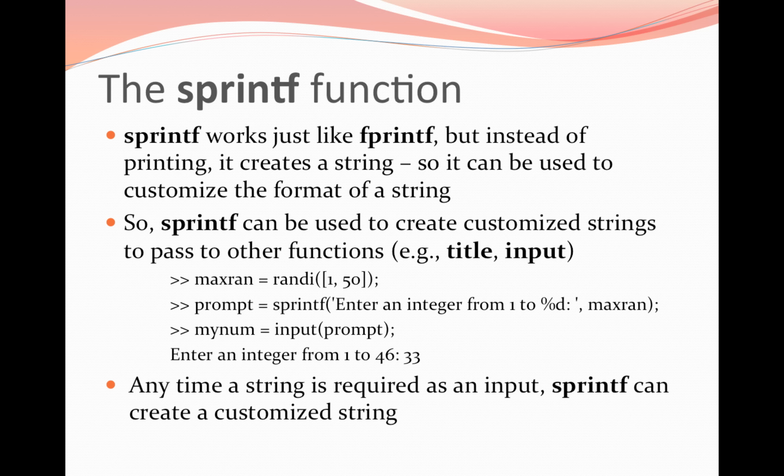And then in the input function, I'm passing that variable prompt. So the prompt shows up, enter an integer from 1 to, in this case 46 was the random integer. And I type in a value for the variable mynum. So anytime a string is required as input into any function, for example, title or input or xlabel, you can use sprintf to create a customized string.